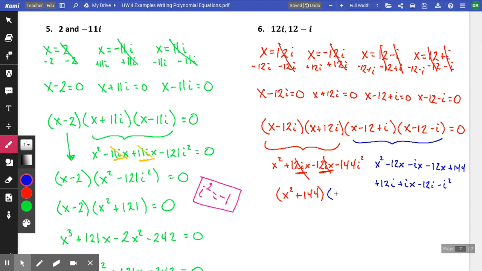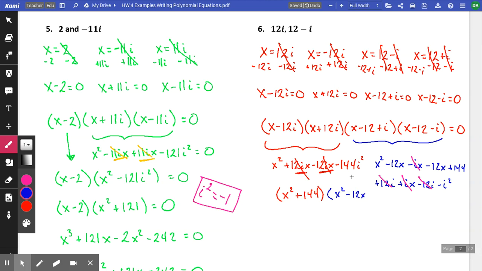We have an x squared at the beginning. But in the middle, we're going to notice that there's a minus ix and a positive ix that cancel. And also a positive 12i and a negative 12i.